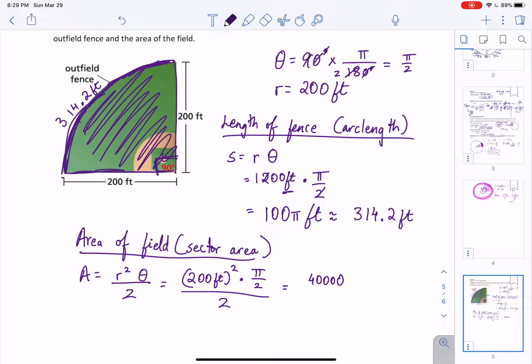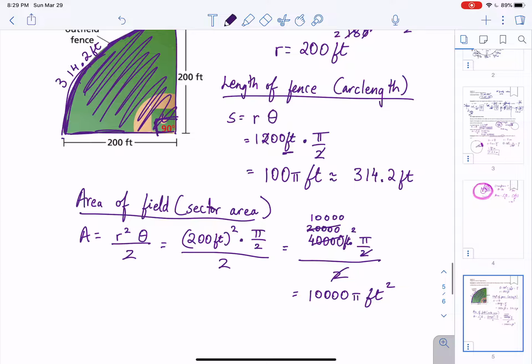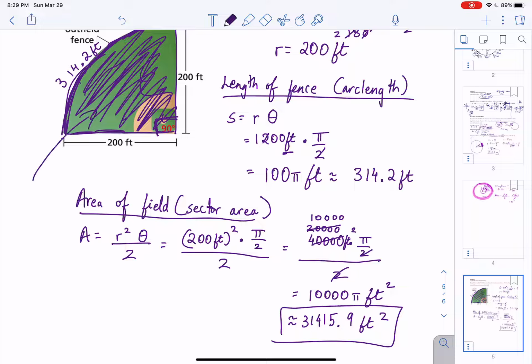Times pi over 2, over 2. And this is feet squared. The 2 can go into 40,000 and make that 20,000. And then this 2 can go into it again and make it 10,000. So we get 10,000 pi feet squared. And if we want to estimate that, that's about 31,415.9 feet squared. So that's saying the area of this whole field is 31,415.9 feet squared.